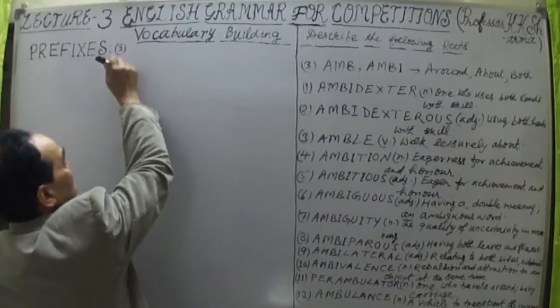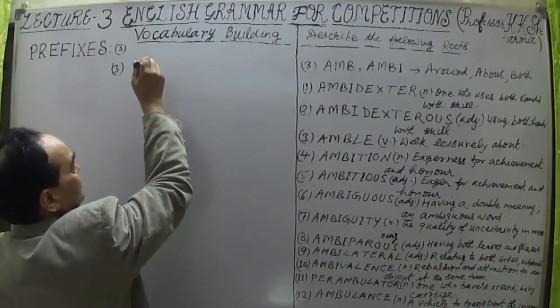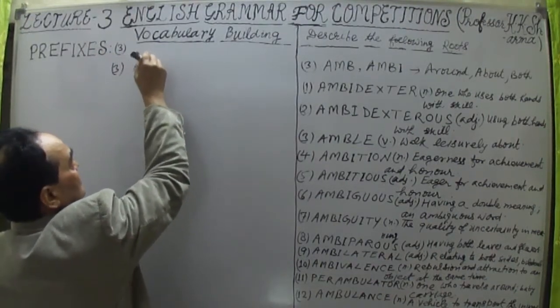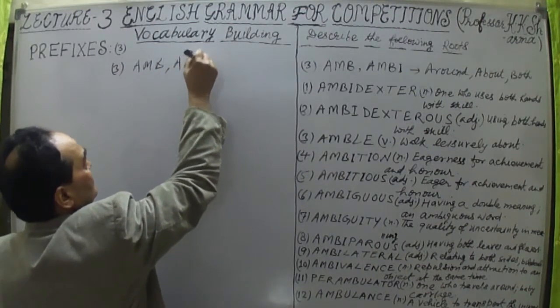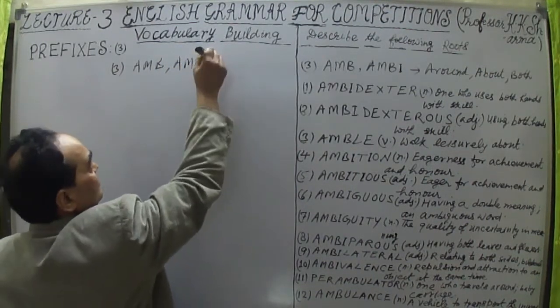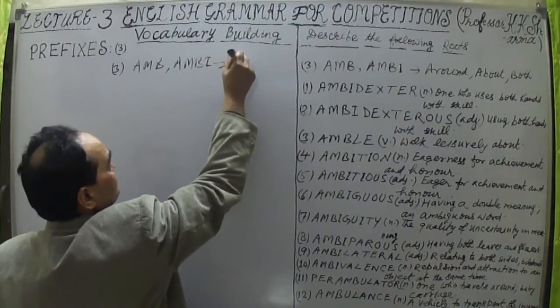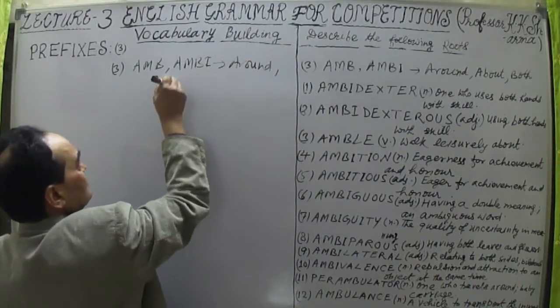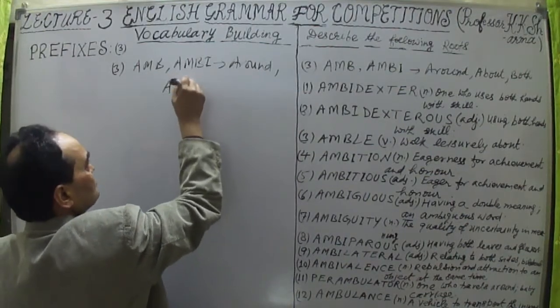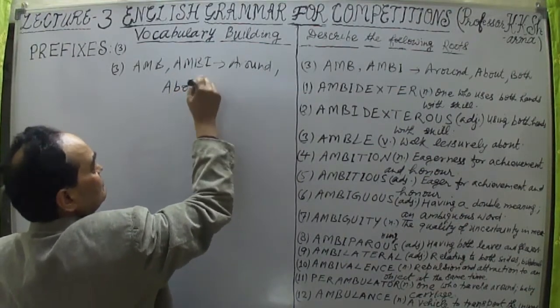This is prefix number 3. That means AMBM or MB, AMBI. The meaning may be around, about, and both.